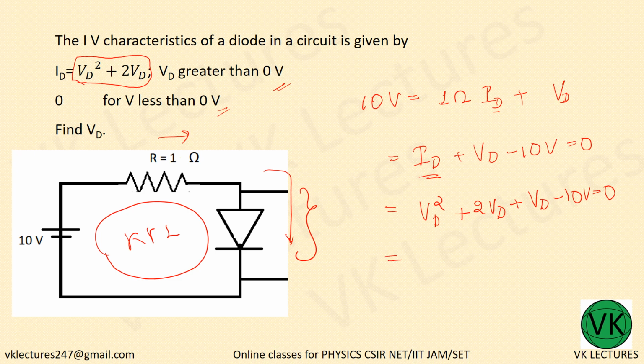Now this is a quadratic equation: VD square plus 3VD minus 10 volt equal to 0. Can you find what is VD?